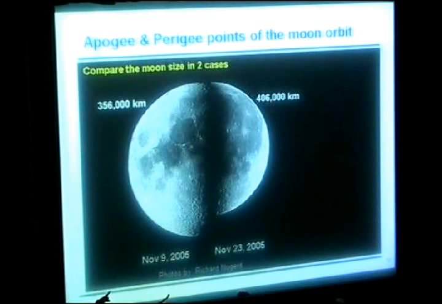You know this distance is 356,000 kilometers in the perigee case, and this distance is 406,000 kilometers in the apogee case.